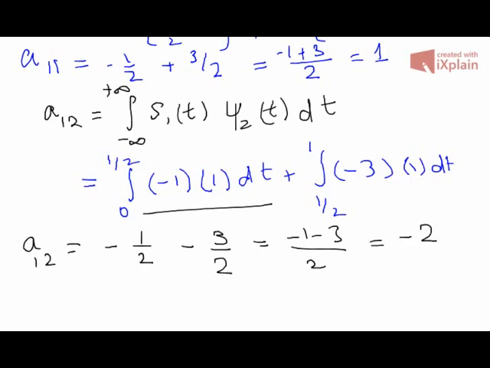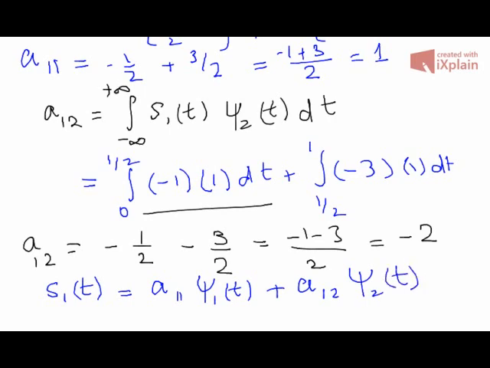Now it means we have a11 and a12, the image of the signal over psi 1 and over psi 2. So if you represent your signal S of t, now you can write it as a linear combination of these two. You can write S1 of t as a linear combination, that is a11 times psi 1 of t plus a12 times psi 2 of t.